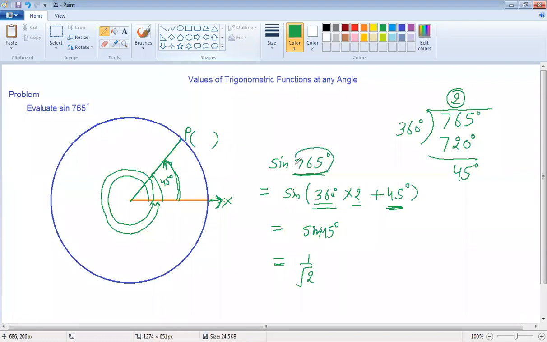The angle is no doubt not equal to 45 degrees; the angle is 765 degrees. But the position of the point, which determines the trigonometric ratios by its coordinates and the radius, is the same as the point which would have been there for the angle 45 degrees. The angle 765 degrees, for the determination of the coordinates of the point, is the same as that given by the angle 45 degrees.